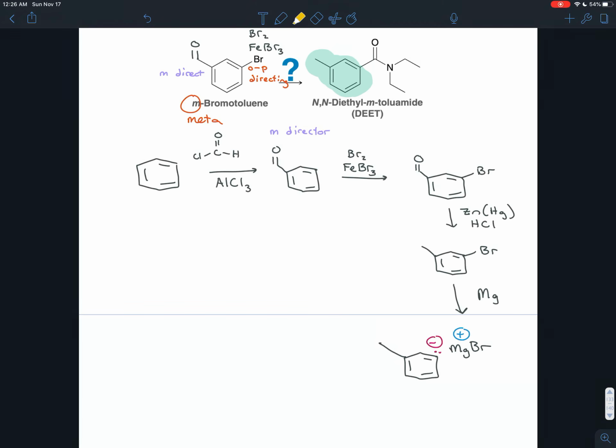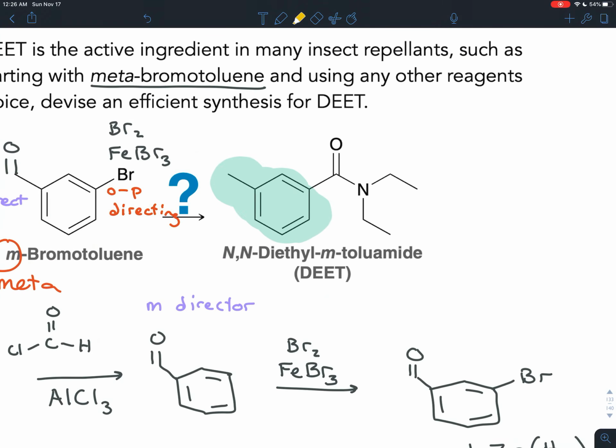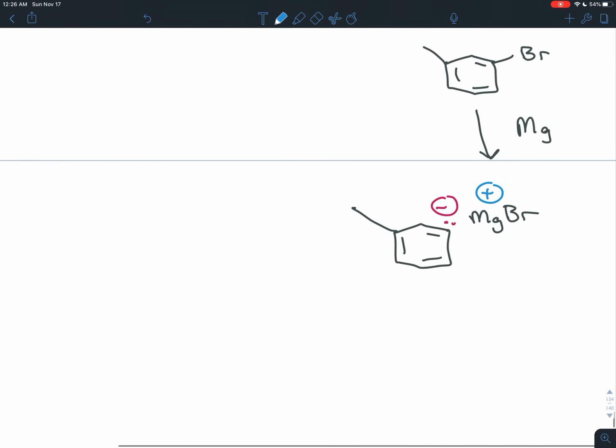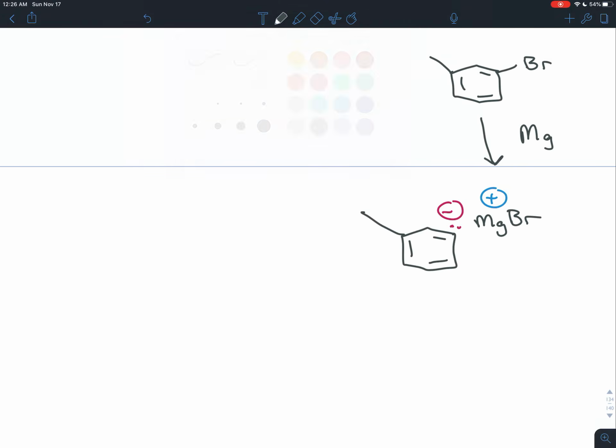Well, what do you see in this carbon? I see a carboxylic acid derivative. Carbon double bonded to oxygen, single bonded to an amine. That's an amide. So wouldn't it be convenient if we could have our Grignard attack a carbon that creates a carboxylic acid? But what carbon creates a carboxylic acid when it's attacked by a nucleophile? That is carbon dioxide.